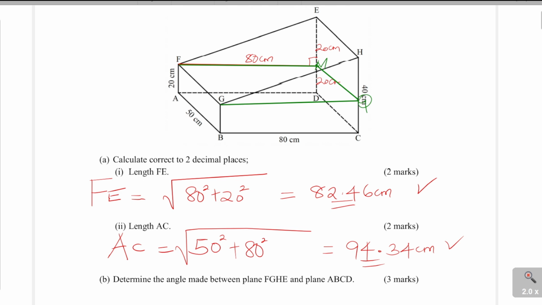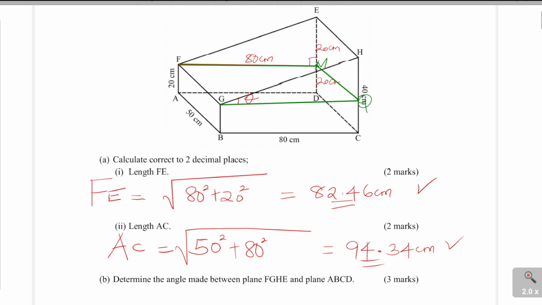Now the line of intersection of the two planes will be FG, and the angle we require is this particular angle here.